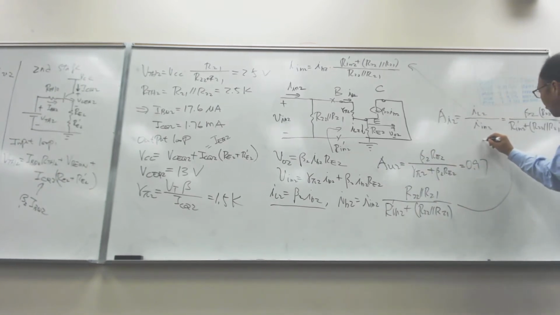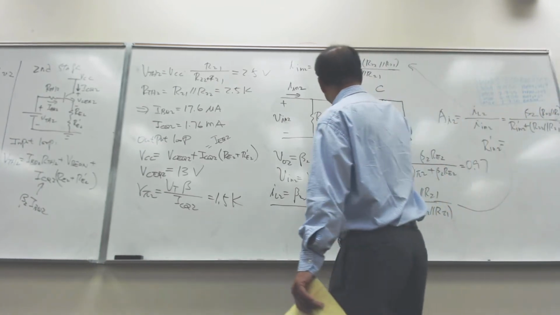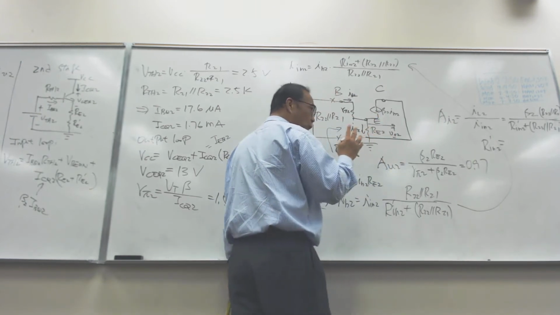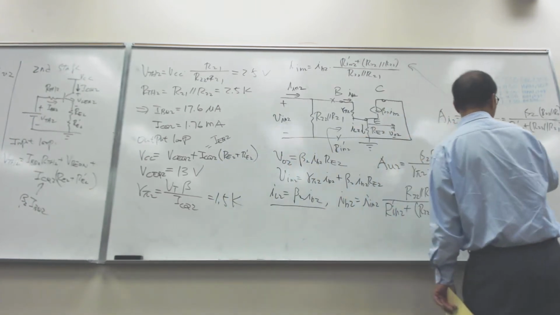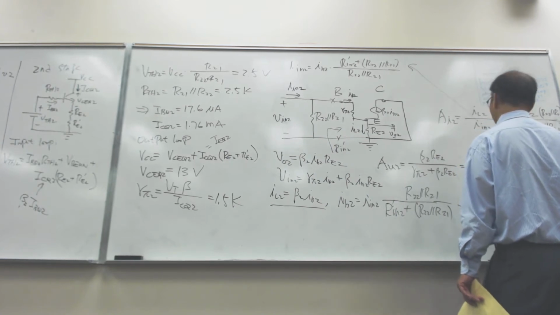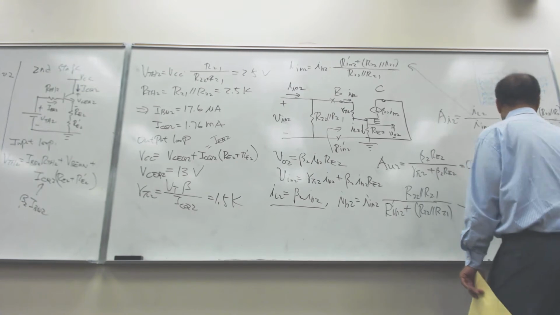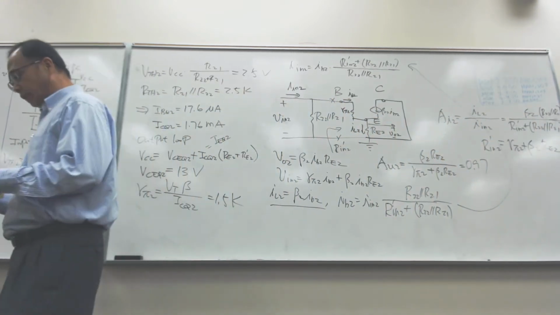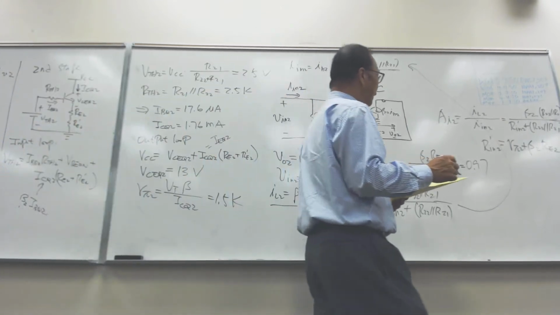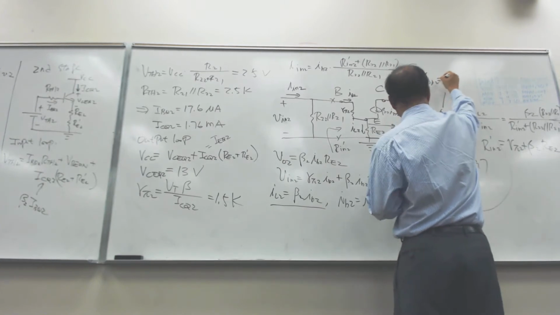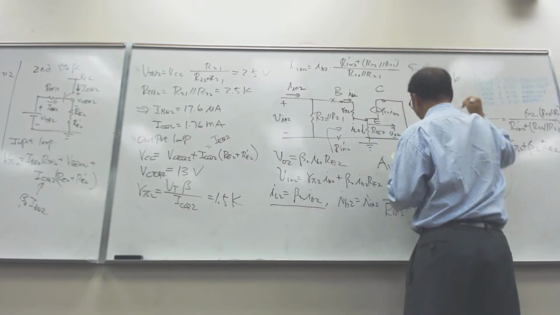I told you the shortcut, right? What is it? It is this plus this multiplied by the weighting factor. So it's R pi 2 plus the weighting factor, which is beta 2, and then RE2. With that, I can find out my AI2. The value for AI2 is 4.6.